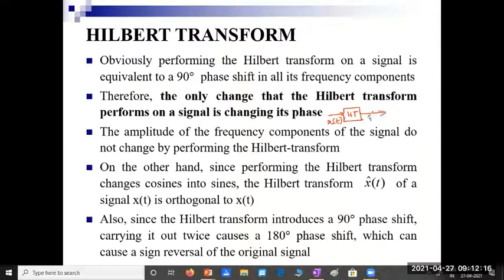The output of this Hilbert transformer is x cap of t, the 90-degree phase shifted version. Now I'll take this x cap of t and apply it to a Hilbert transformer again. What do you think you would get? You may assume you should get back x of t. What will happen? Any guesses? See, x cap of t is the 90-degree phase shifted version of x of t. What would the second Hilbert transformer do?